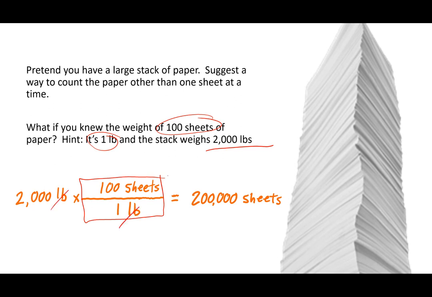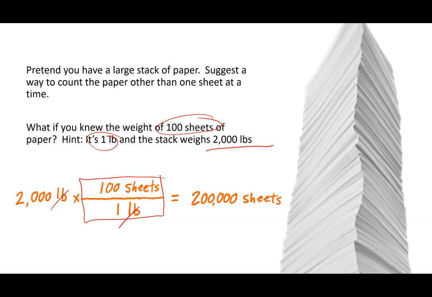You can cancel the pound unit. As you multiply across, you end up with 200,000 sheets. And the sheet unit comes over here. Okay. So it's a pretty quick and easy way to solve a problem like this.